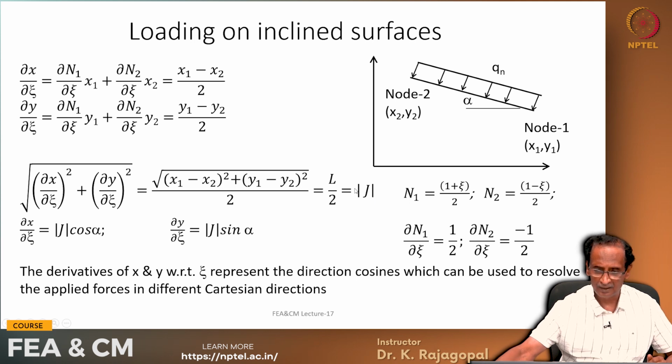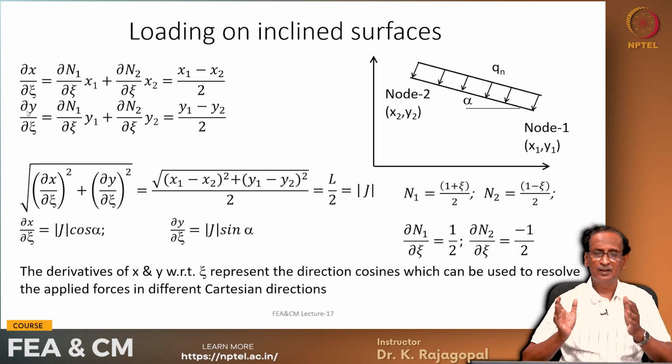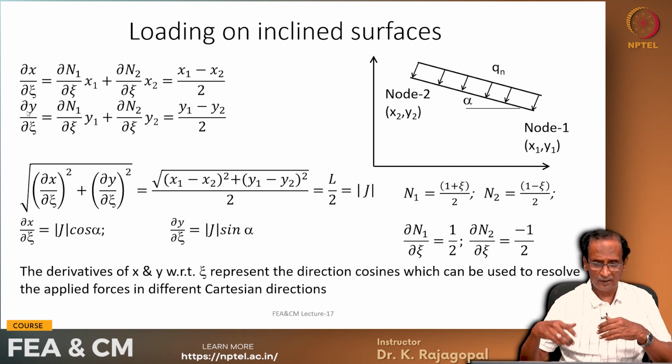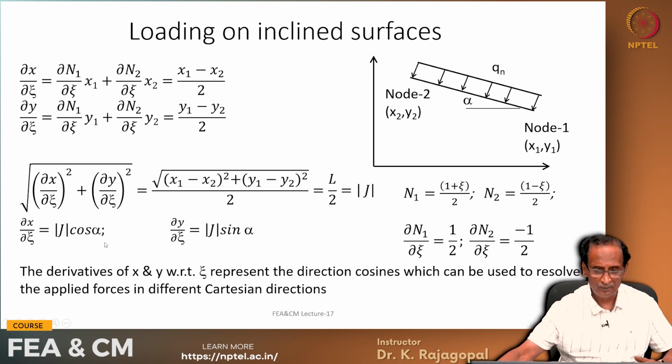The diagonal length is our J, and our dou y by dou xi is mod J times sine alpha. And actually our dou x by dou xi and dou y by dou xi are not only giving us the determinant of the Jacobian, but also the direction cosines, cosine alpha, sine alpha, as we can see here. We can use them for resolving our applied forces in different directions.